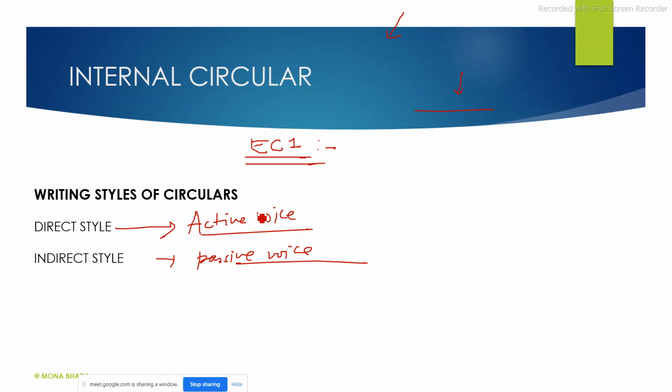Okay, the passive voice basically does not lend seriousness to the circular. सो ऐसा नहीं है कि डायरेक्ट हमें इनडायरेक्ट में पैसिव वॉइस करना ही नहीं है. वो कौन सी सिचुएशन में करना है, दैट आई विल टेल यू. ओके, सो इनडायरेक्ट मैसेजेस में क्या होता है, इट इज़ इन द passive voice as I told you.